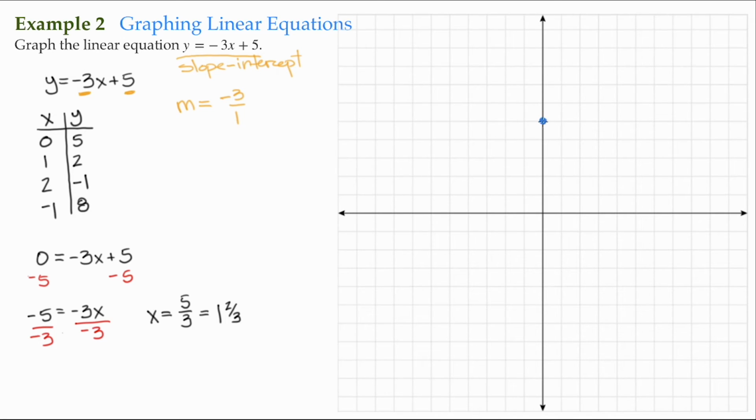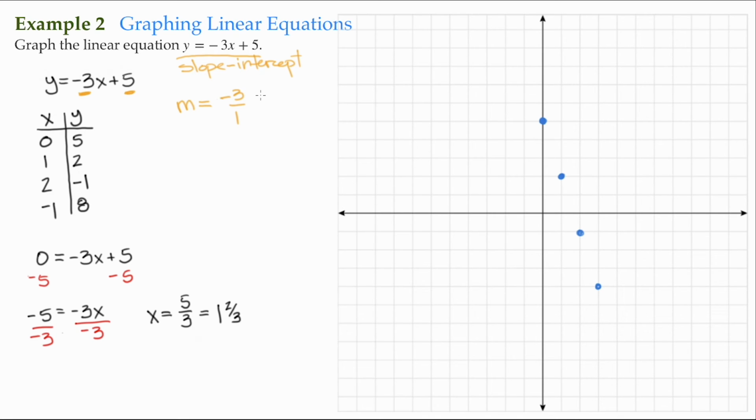So if I count over 1 and then down 3, 1, 2, 3, put a point. And that's all I need, and I can make my connection that way. Or I can keep doing it. Go over 1 and down 3, 1, 2, 3. Over 1 and down 3, 1, 2, 3.